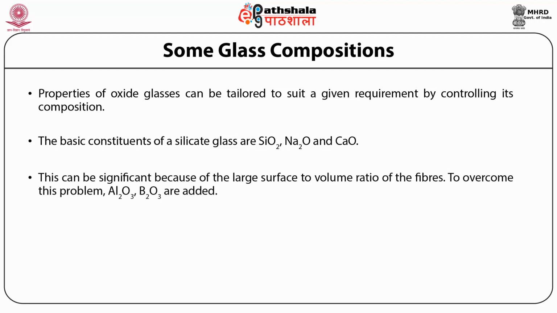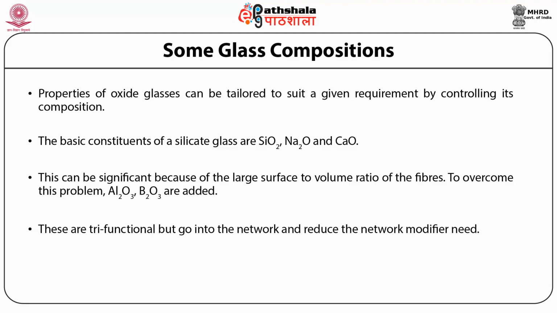This can be significant because of the large surface to volume ratio of the fibers. To overcome this problem, Al2O3 and B2O3 are added. These are trifunctional but go into the network and reduce the network modifier's need.